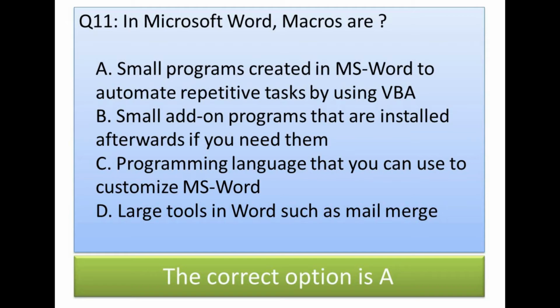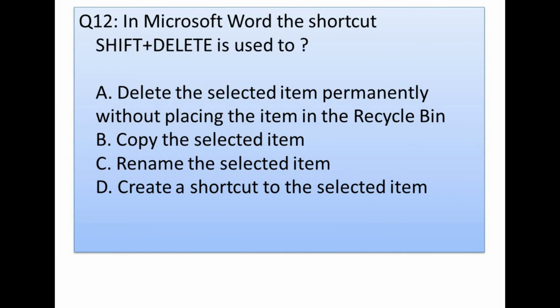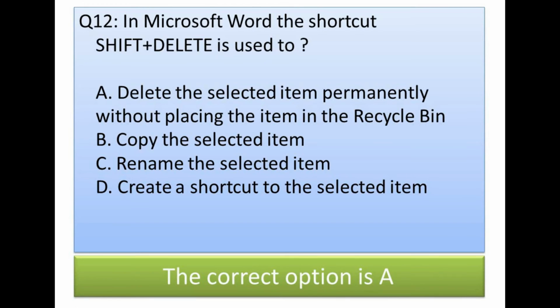Correct option is A. In Microsoft Word, the shortcut SHIFT+DELETE is used to delete the selected item permanently without placing the item in the recycle bin, copy the selected text, rename the selected item, create a shortcut to the selected item. Correct option is A.